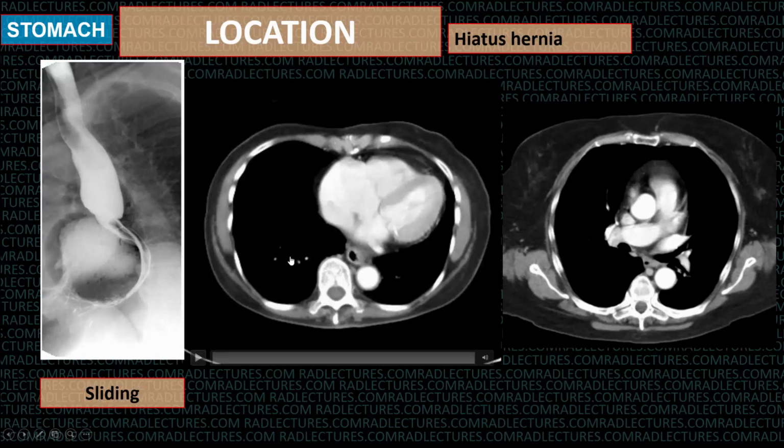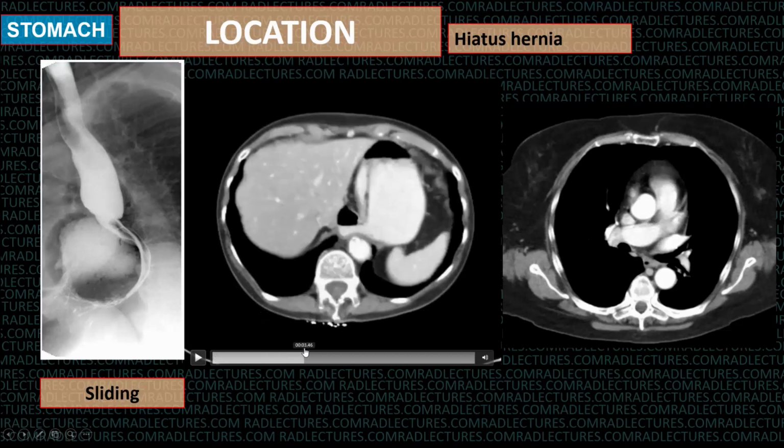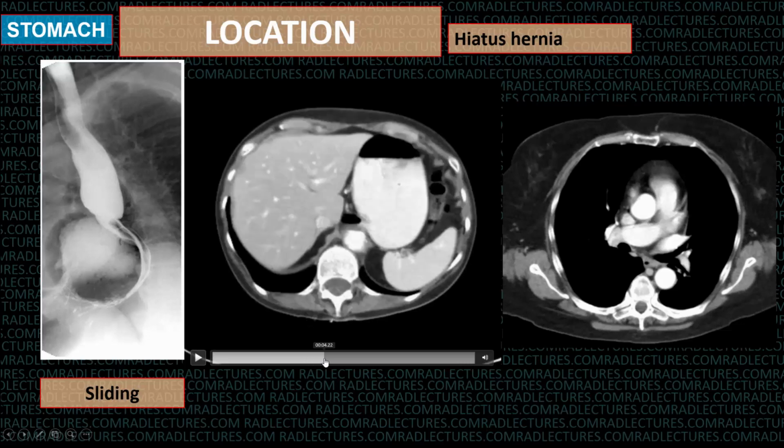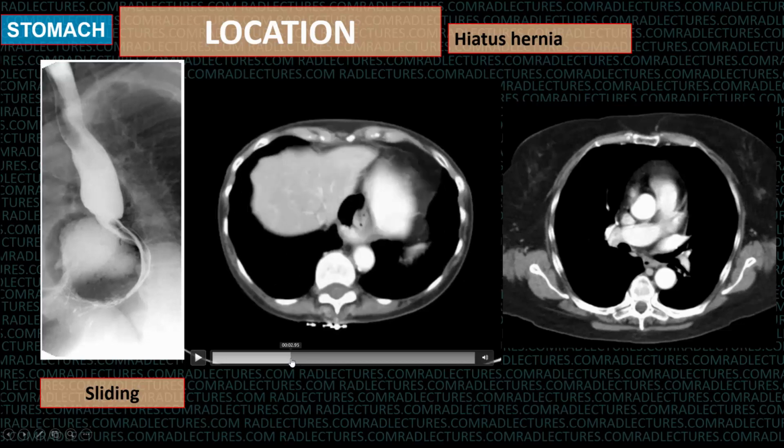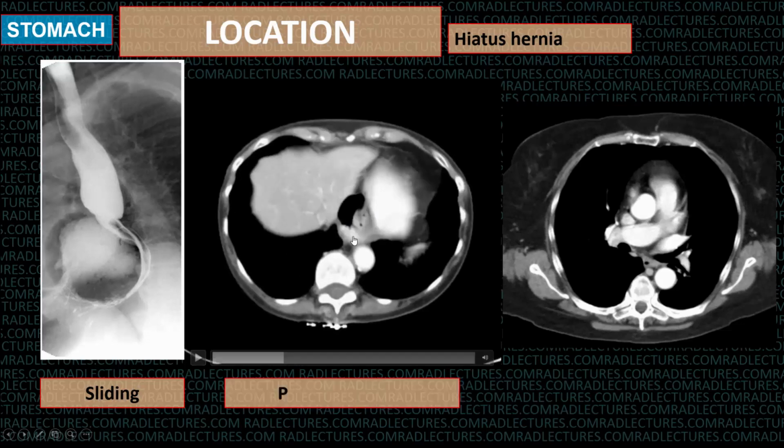Now, a hernia can occur where the gastroesophageal junction is still in the normal position, but a portion of the stomach has herniated up adjacent to the esophagus. That is called a paraesophageal hernia.